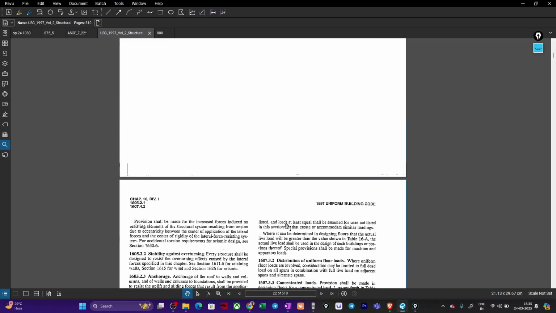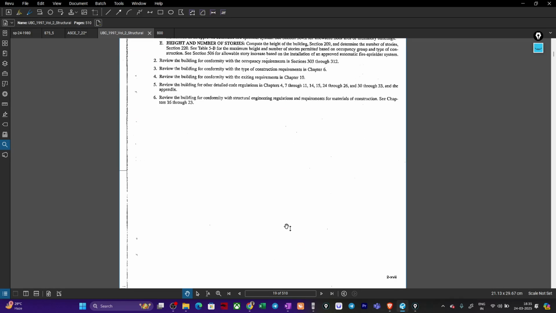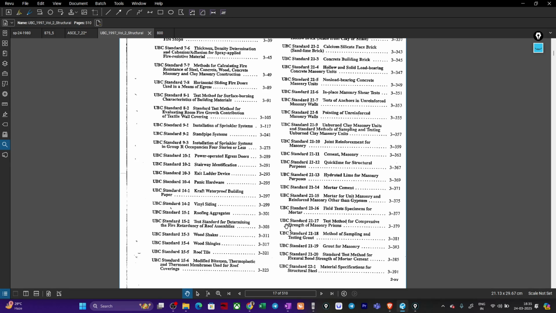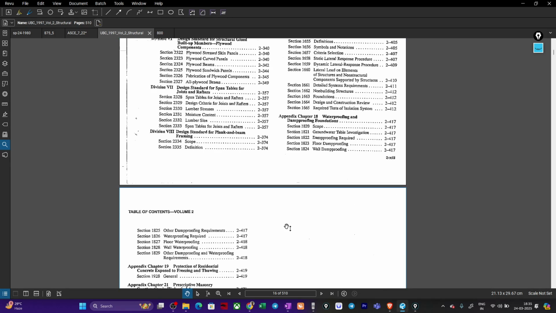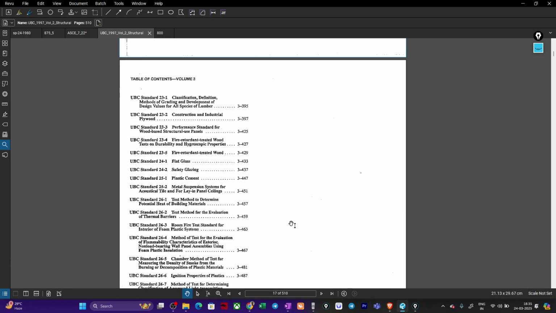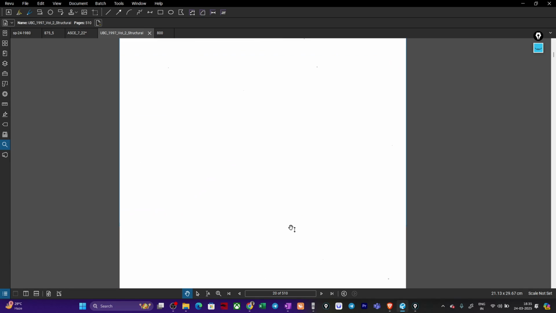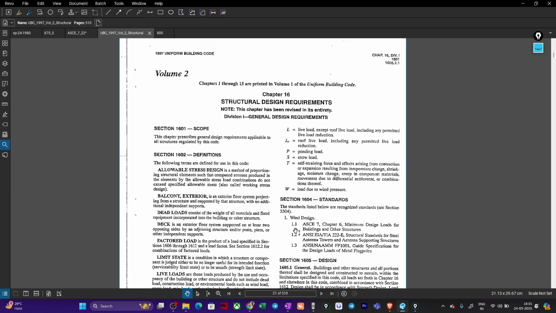The terms of the load actually I am looking for. I think it is in a different section. Anyway, yeah, I think it is here.